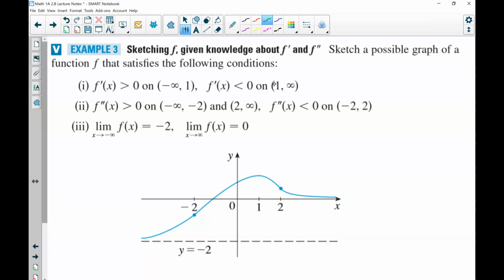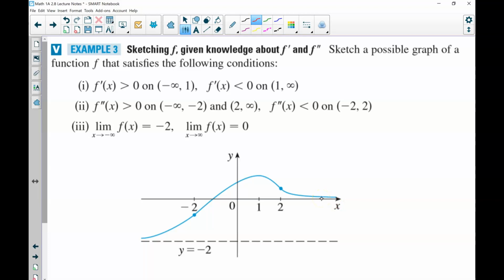So condition 1 tells us that the function is increasing from negative infinity to 1. The function is going to increase all the way to 1, and then from 1 to infinity, it's decreasing.